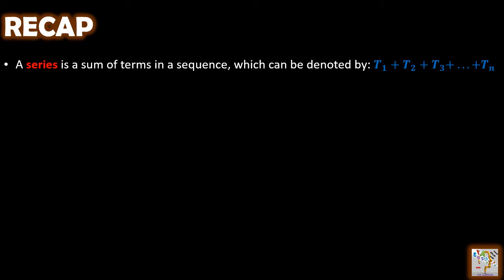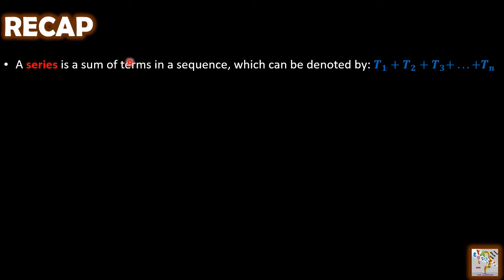Now let's recap. There are certain things one is supposed to put into consideration to understand the derivation and the proof of the sum of the number of terms of an arithmetic series. One, what is a series?